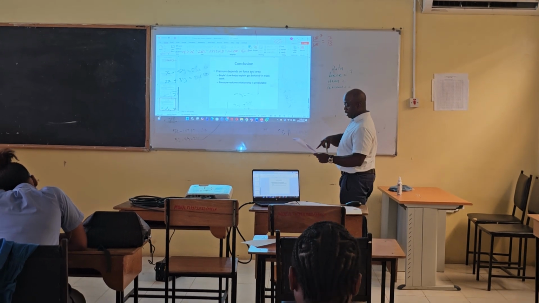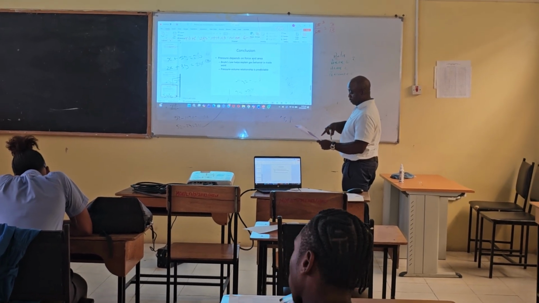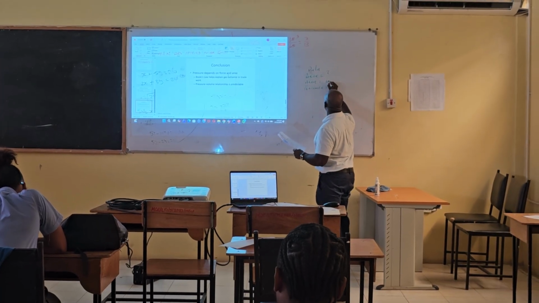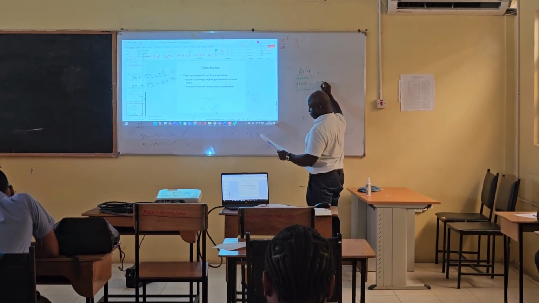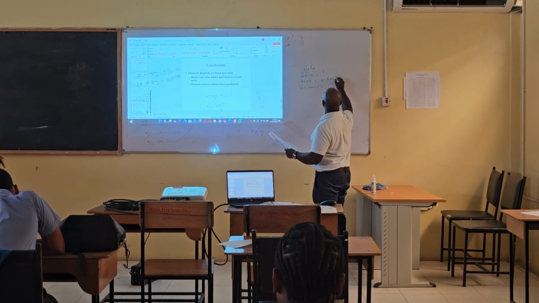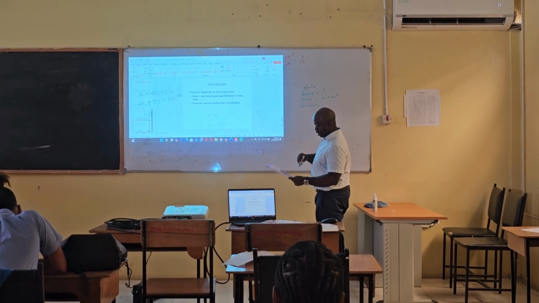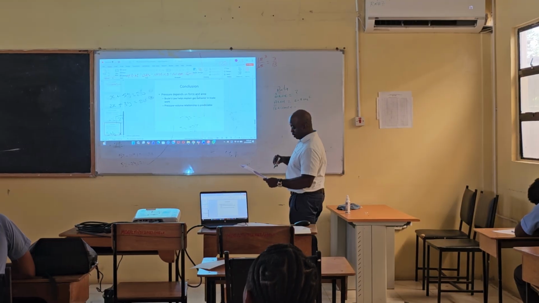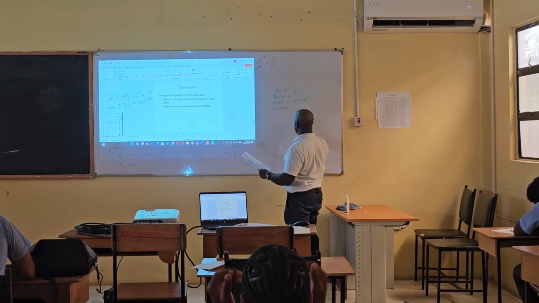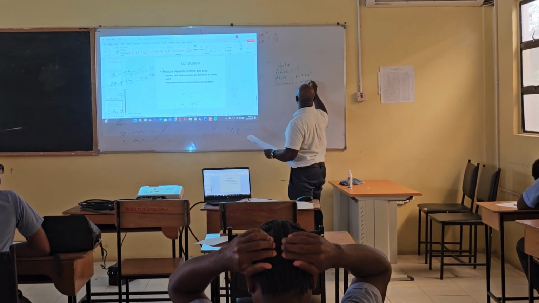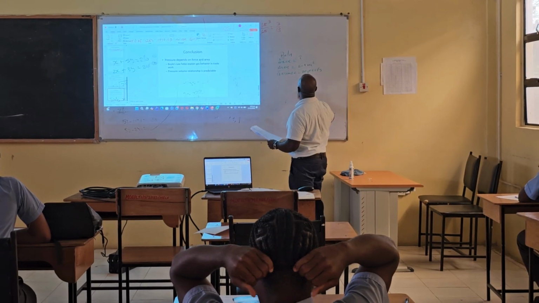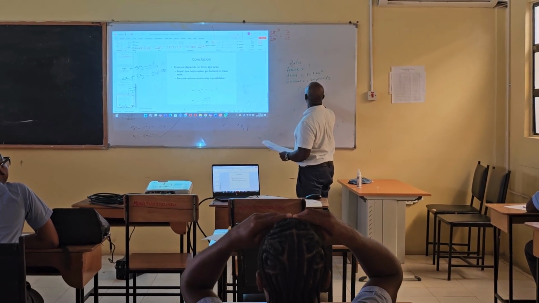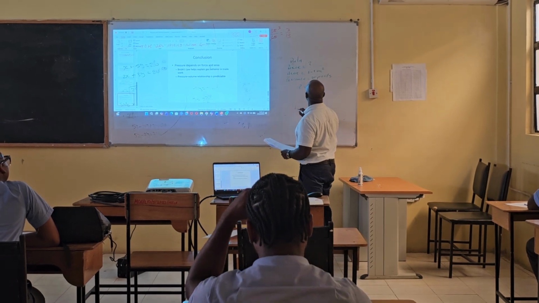What is given? The area, which is 0.1 meter square. We are given the pressure. The pressure is 30,000 Pascal. So we write down Pascal, and pressure is equal to force over area.